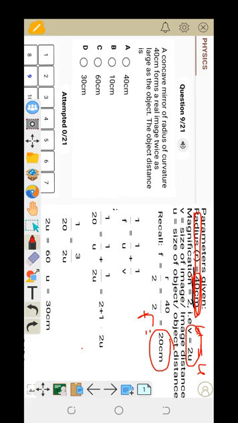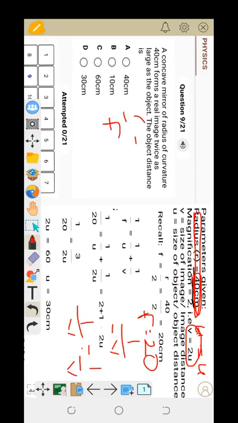Now using the formula, 1 over F is equal to 1 over U plus 1 over V. Because it forms a real image, we use 1 over V. If it forms a virtual image, that will be 1 over minus V, so 1 over F is equal to 1 over U minus 1 over V, because a virtual image is formed at the negative end.